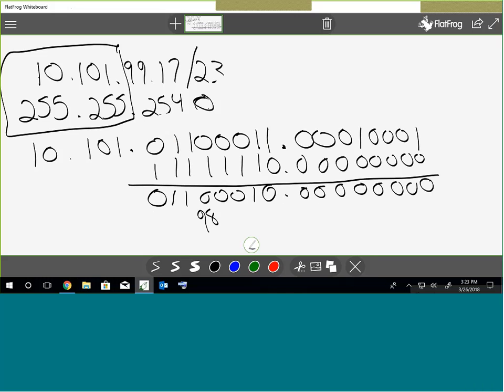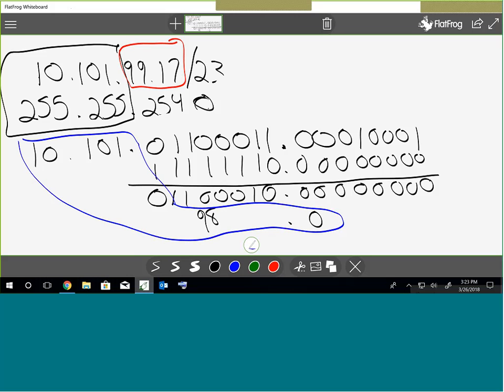So we now know that this host right here is on the subnet 10.101.98.0. Okay. All right? No different than doing it with a Class C, none whatsoever. You're just ANDing, and that falls through. Now, this is where it gets confusing, I think, where it gets hard.